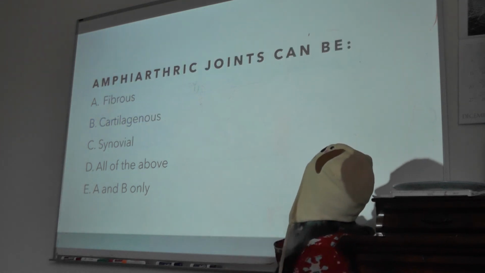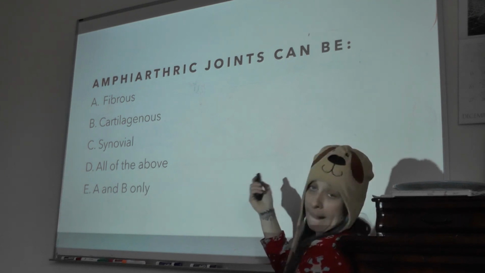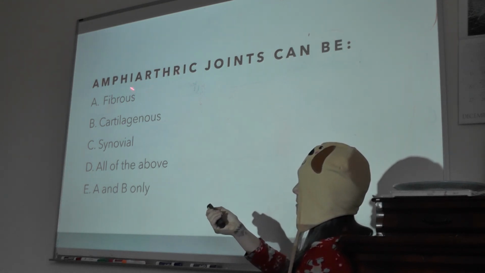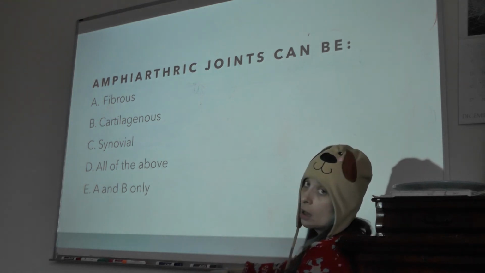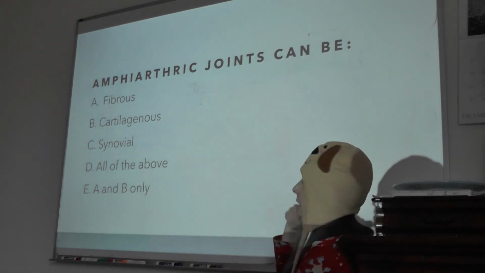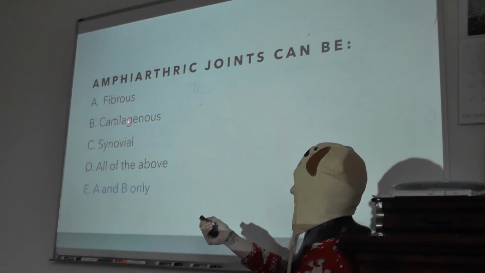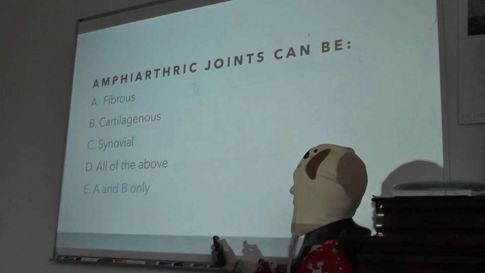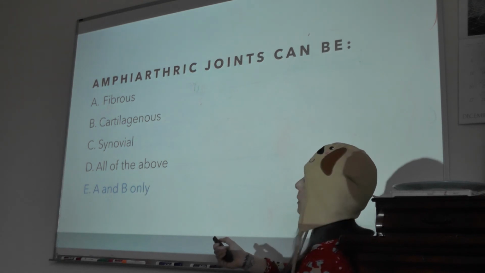All right, amphiarthritic joints can be. So amphiarthritic is its functional classification. Structural classification: fibrous, cartilaginous, synovial, all of the above, A and B only. Yeah, this time it's A and B only. Fibrous joints and cartilaginous joints can both be found in areas where they allow some movement, amphiarthritic.